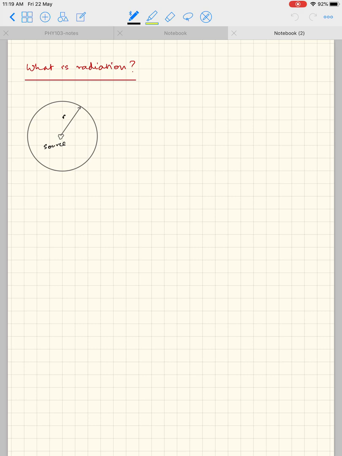I've drawn a very large sphere of radius r, and what we are going to do is calculate the power passing through its surface. This is just the integral of the Poynting vector, right?